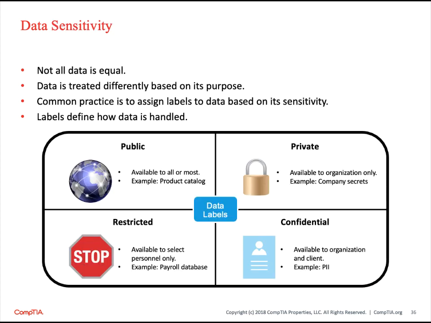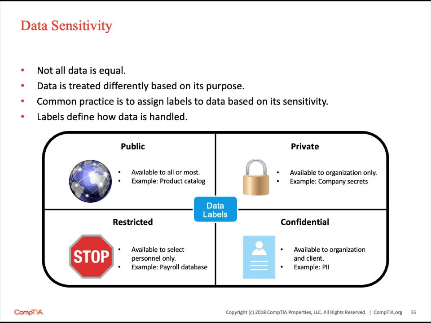Data sensitivity. Not all data is equal. The purpose of one data set may differ from the purpose of another, and all this data is treated differently based upon what it is. So when it comes to this information, we need to assign a particular label to it. This label is going to define how we handle that data with respect to its access and its modification, based on its sensitivity.